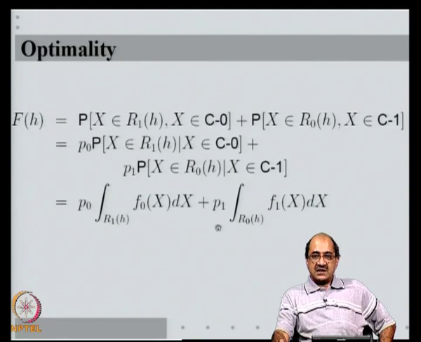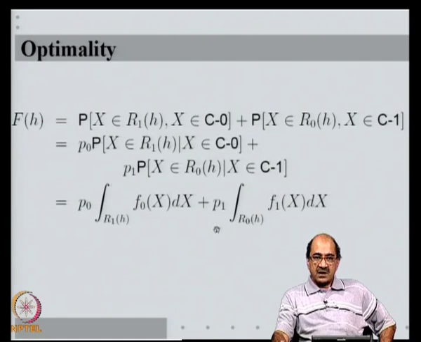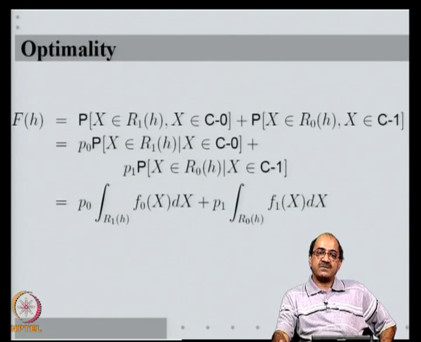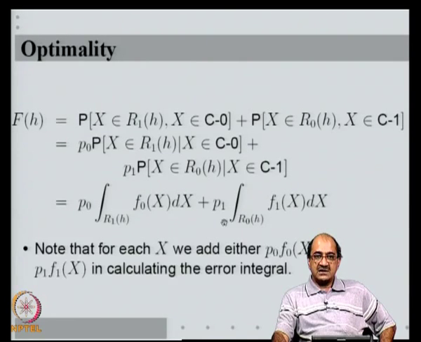Now, in this expression, there is something very important to note. R0 of H and R1 of H are mutually disjoint and they add up to the whole space, because given an H, every X is either put in R0 or put in R1. For all X in R1, the integral adds P0 F0, and for every X in R0, the integral adds P1 F1, which means for any classifier, at every X, we either add a P0 F0 or a P1 F1.